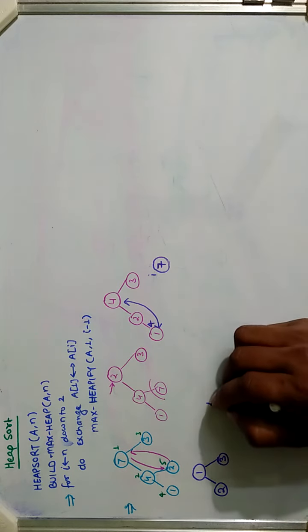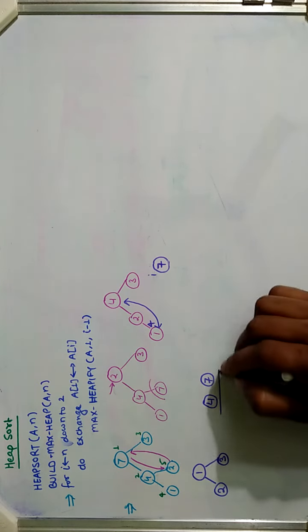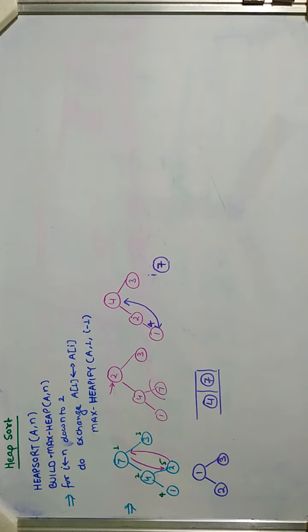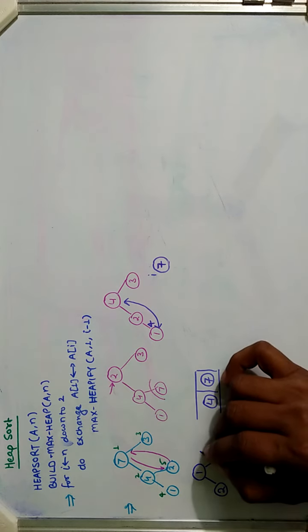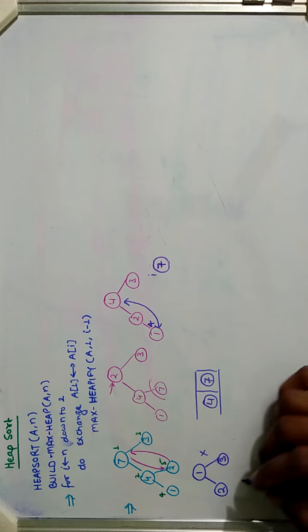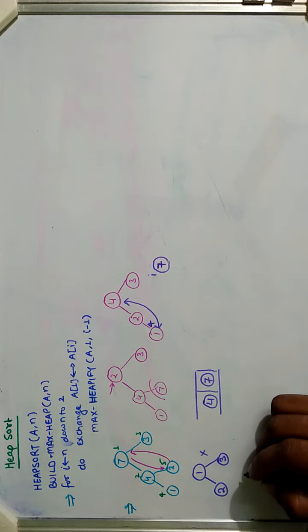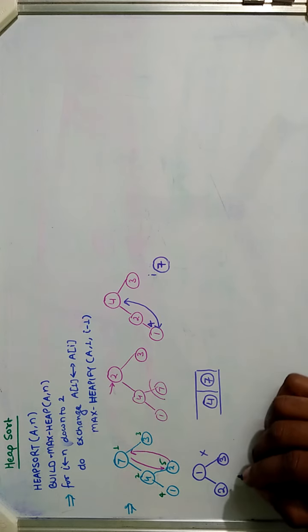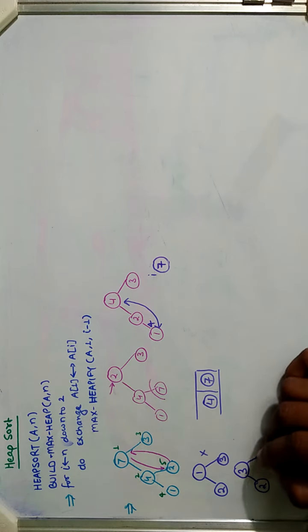Also we have decremented the heap size, so these are the elements in the auxiliary array. Now, because it is not in a proper max heap form, we apply the maxheapify procedure on this one, and this would become 3, 2, 1.